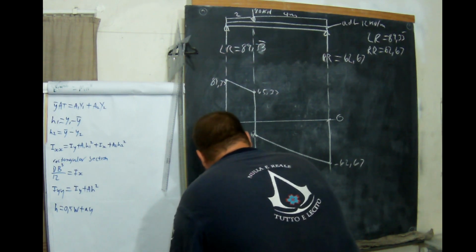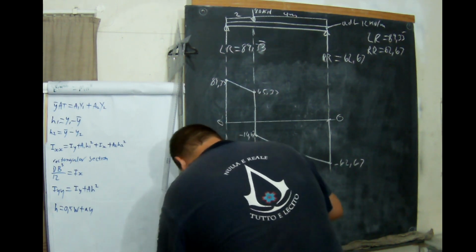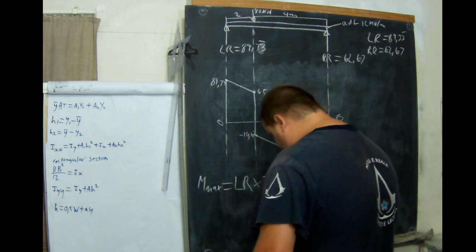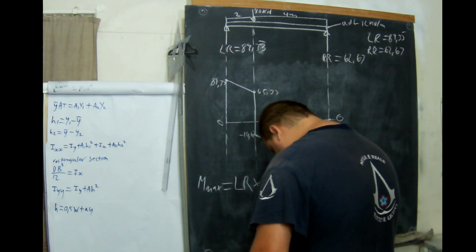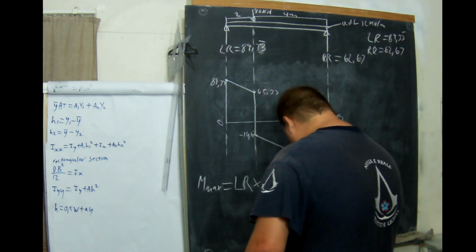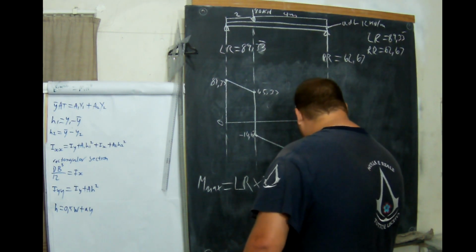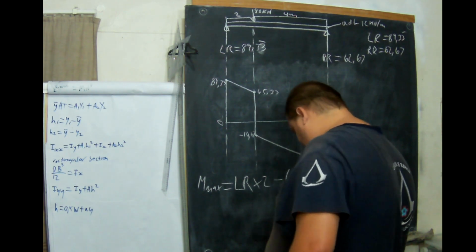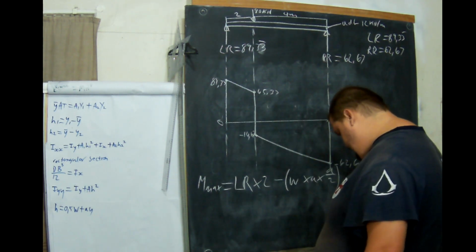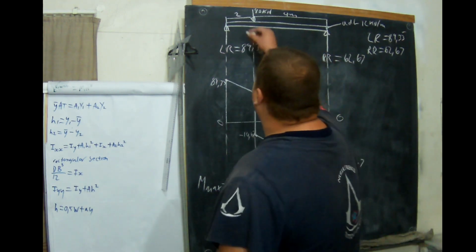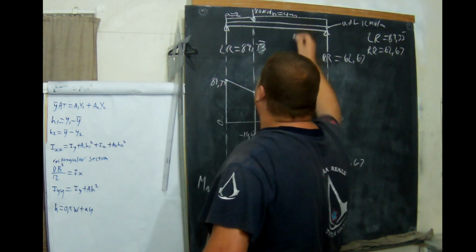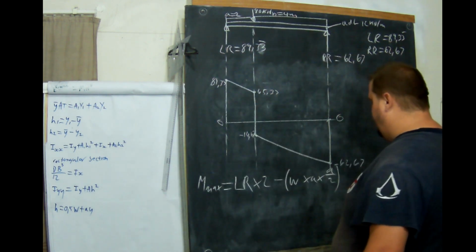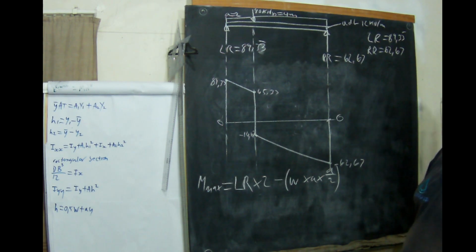So, M max is LR times 2 minus the weight times A over 2. Okay, so what we know is this equals A and that equals B. So that's the length between each section.